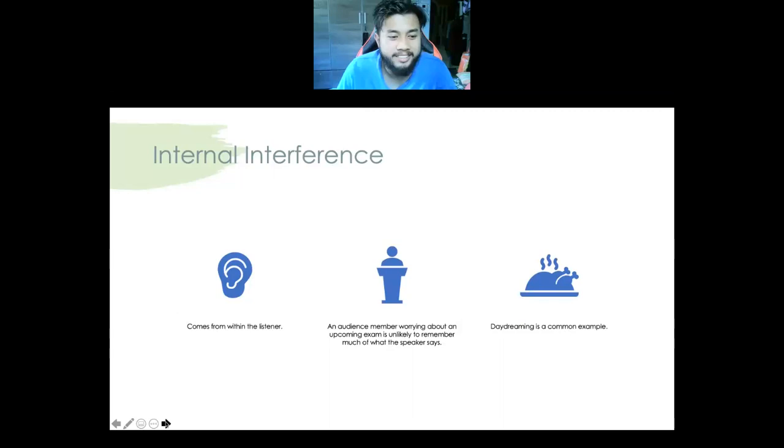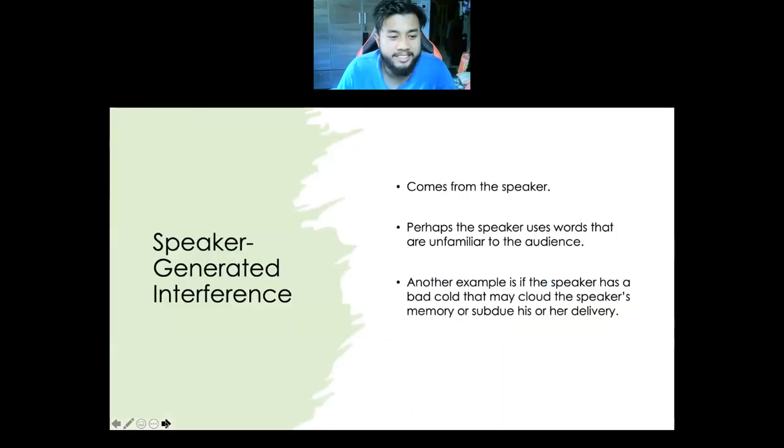But internal interference comes from within the listener. The listener does not focus, the listener is daydreaming, or the listener is worrying about other things rather than the speech being given in front of him. Okay, and the third one is speaker generated interference, which comes from the speaker himself.